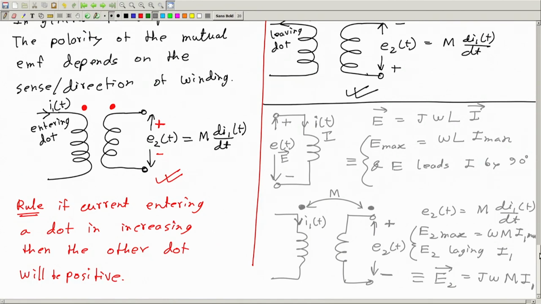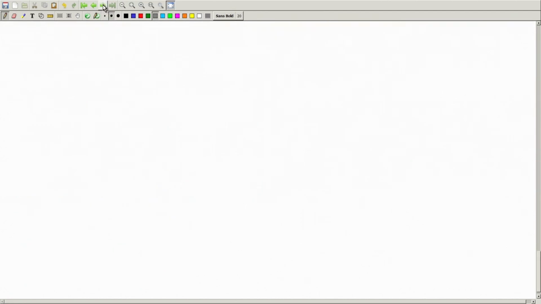Now we will go to transformers. Okay, so we have reviewed self and mutual inductance. Now let's start the discussion on transformer and its equivalent circuit.